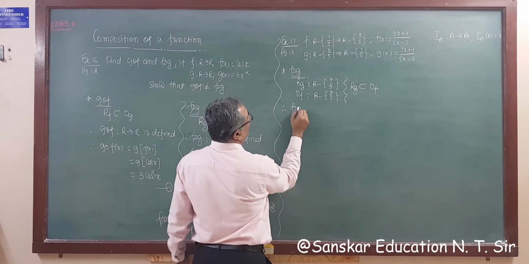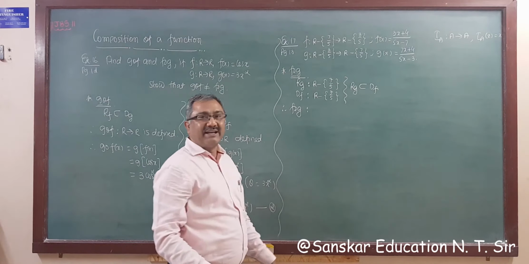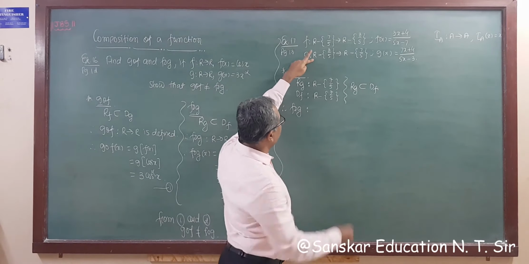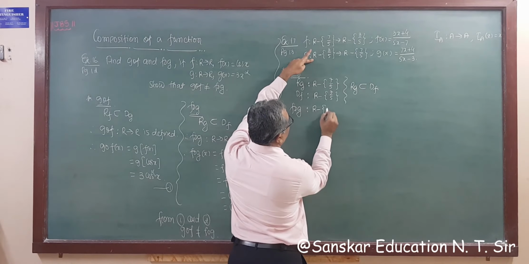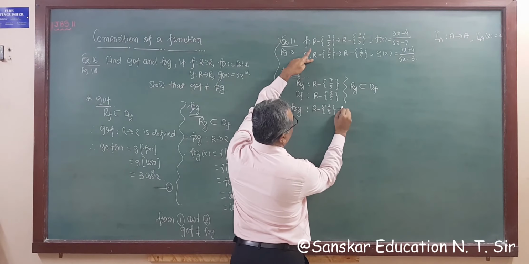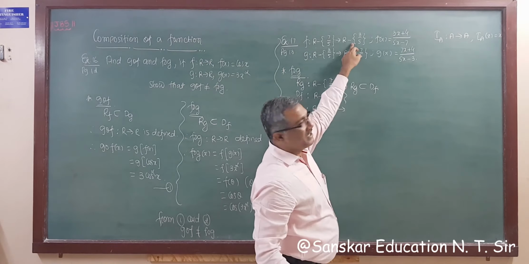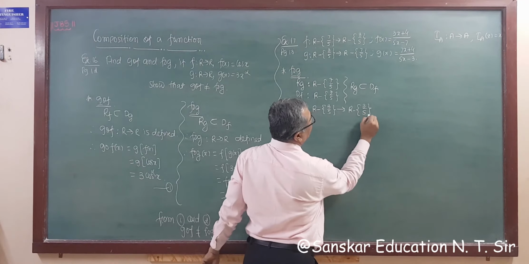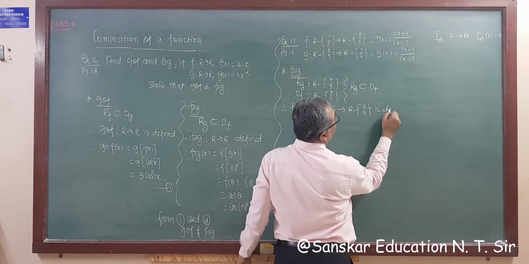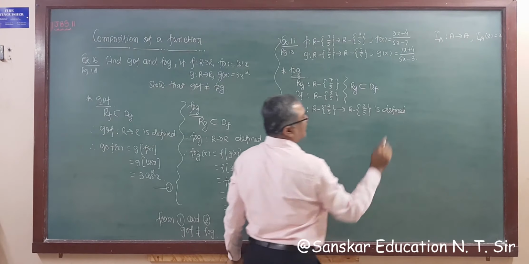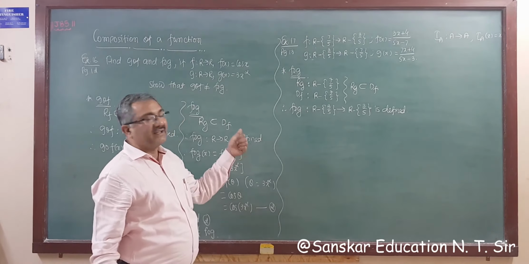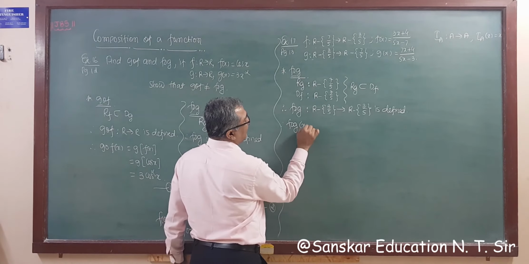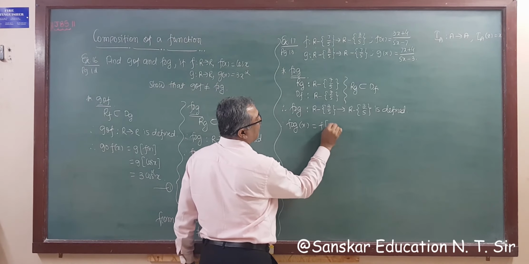Therefore f over g is defined. Now for defining f over g, you have to take g first. G first means from R minus 3 by 5 to R minus 3 by 5, which is defined. So now we can find the value of f over g. So f over g of x is equal to f of g of x.